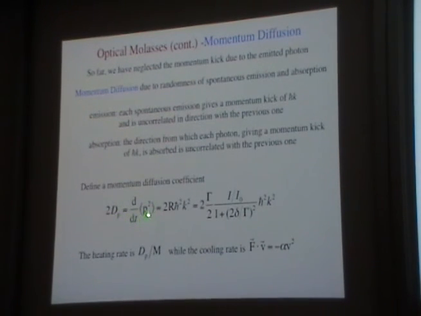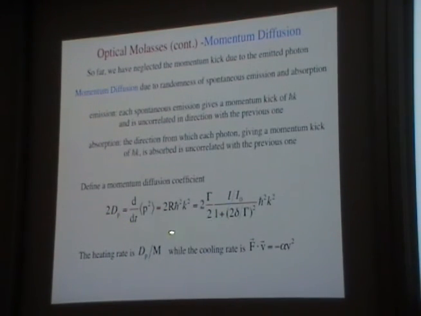That's basically going to be the diffusion of the momentum, which I can calculate as the rate at which you're scattering photons from each of these absorption processes, times the average momentum squared due to re-emission of the photons. In this case, it goes like h bar k squared. I already know what the equation is for R that was given earlier for the absorption process, and I plug that in here. And so the net diffusion coefficient is given by this equation.